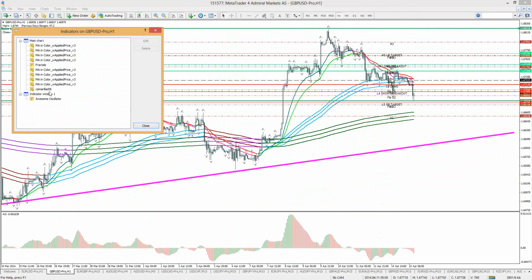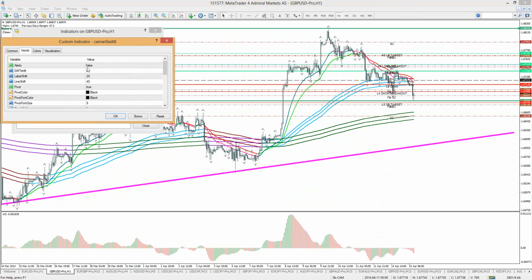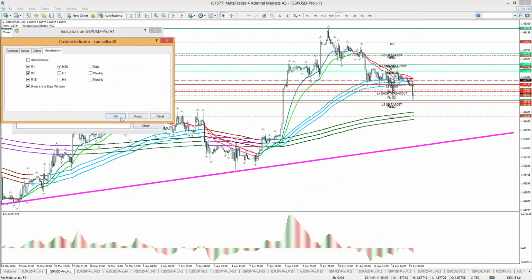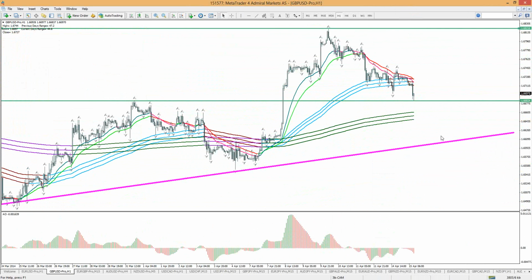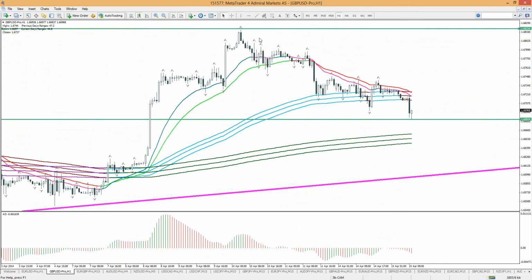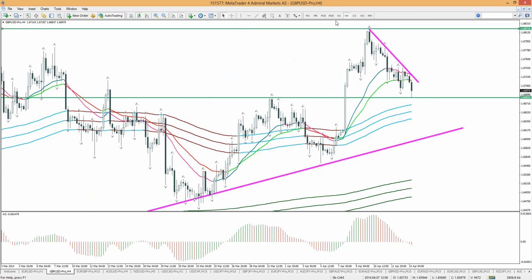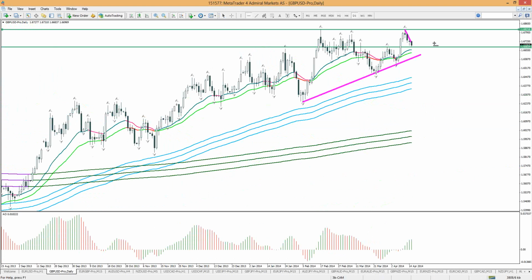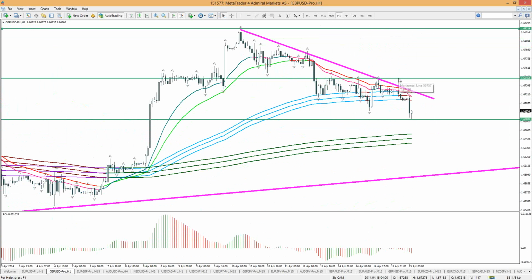Let me just change the camerella here for a second. Alrighty. This could be a good with the trend breakout, I would say. Now, one thing that I would like to see personally as well is a break of yesterday's high. These tops.